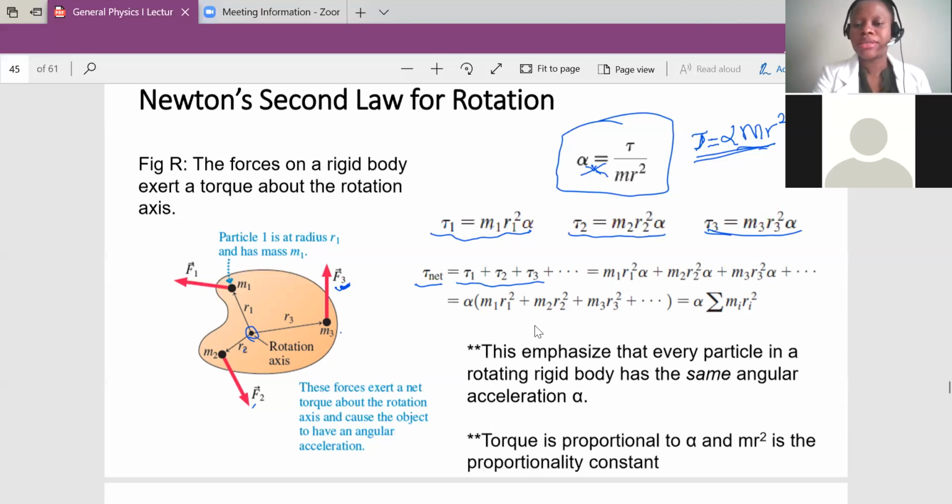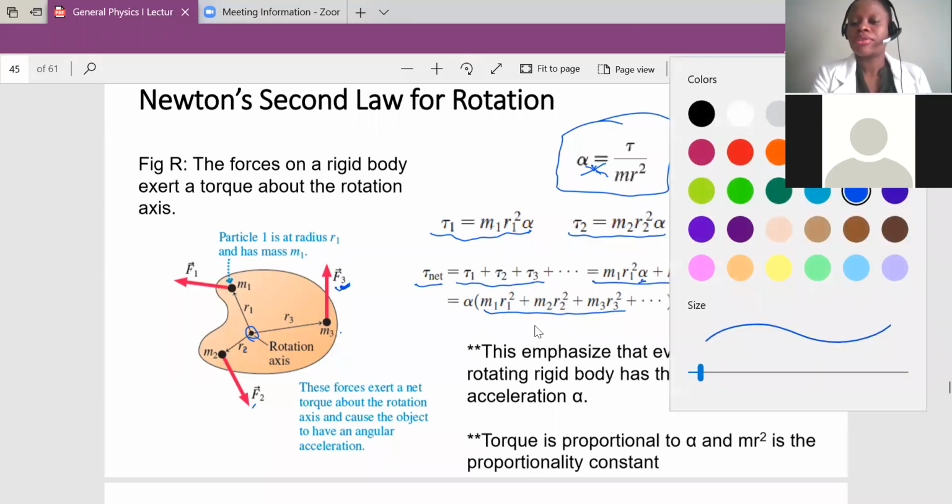So we can actually rewrite this expression, bringing out the angular acceleration: alpha times the summation of m r squared over the number of masses that you have.